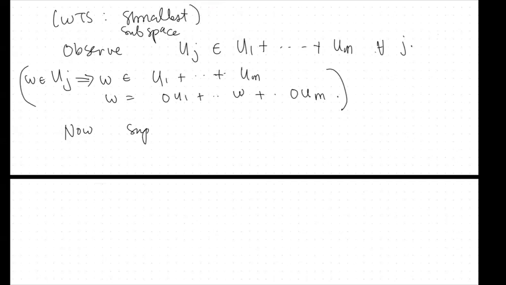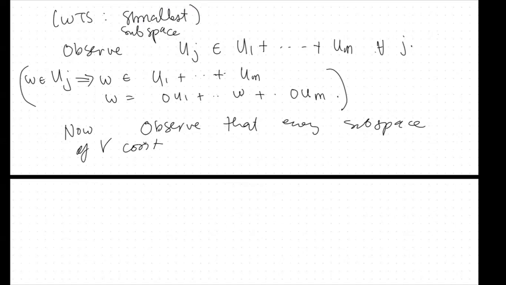Now suppose that... now observe that every subspace of V containing U1 up to Um, the sum, suppose that the subspace containing U1 to Um, not only one but all of them, must contain U1 up to Um.